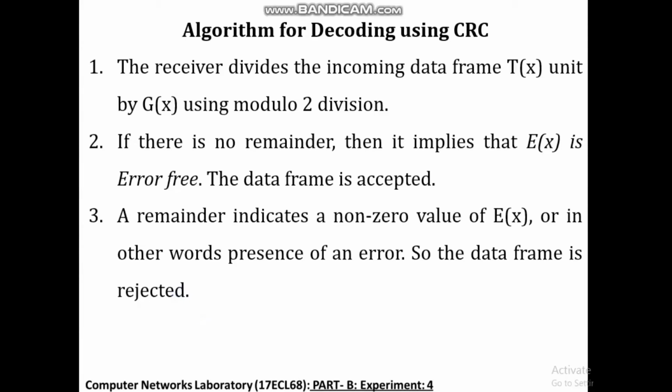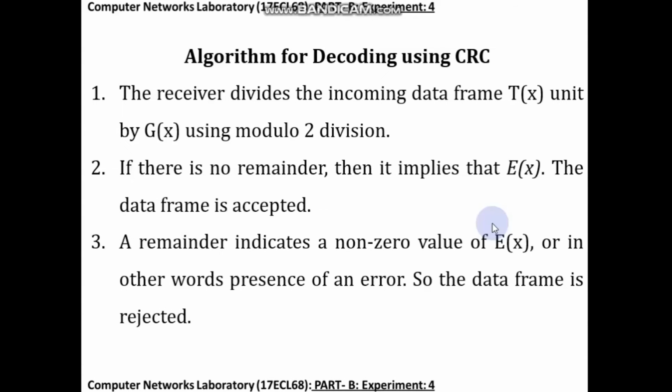Here, modulo 2 addition and division represent the XOR operation. The process of modulo 2 binary division is the same as the familiar division process we use for decimal numbers. Here, instead of subtraction, we use the XOR operation.